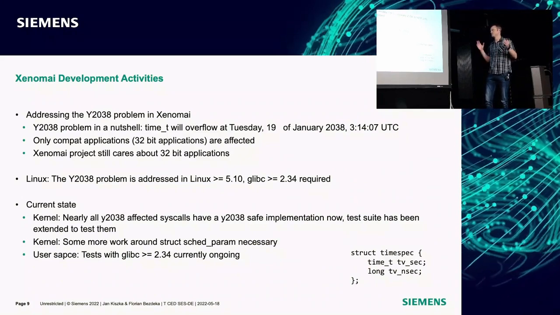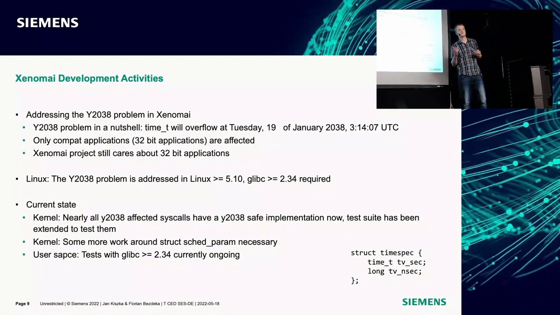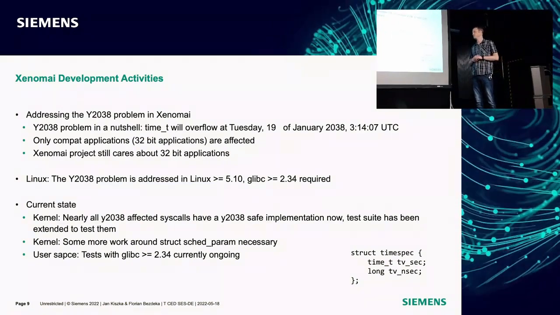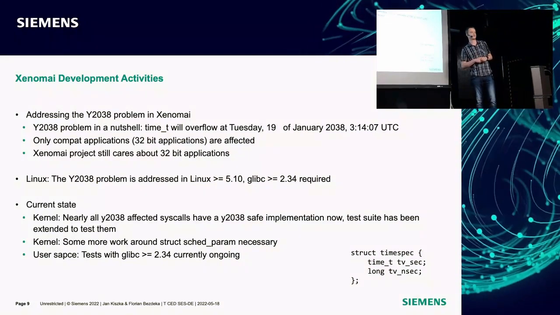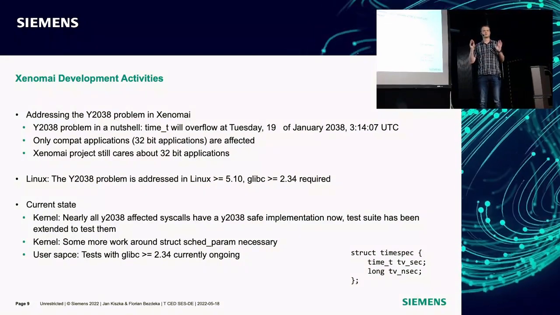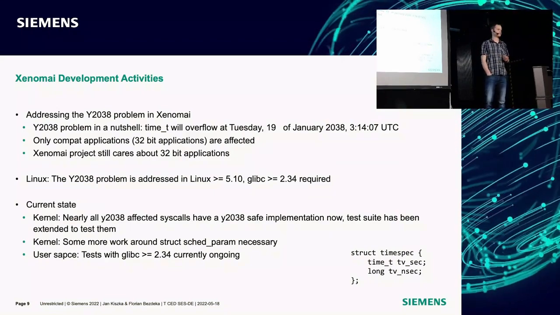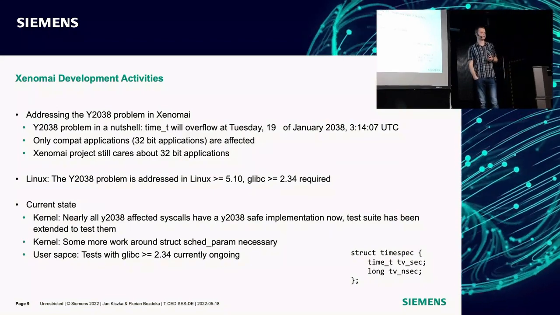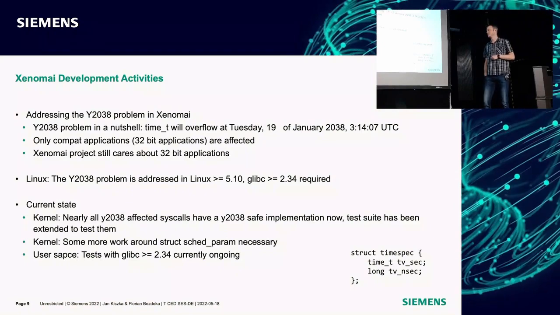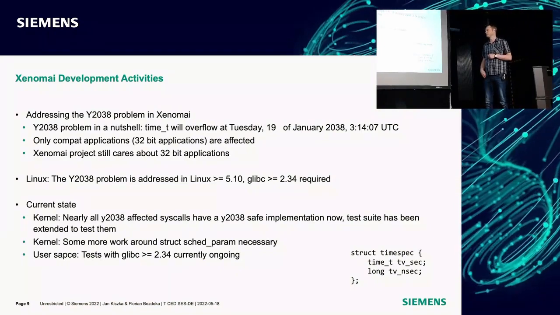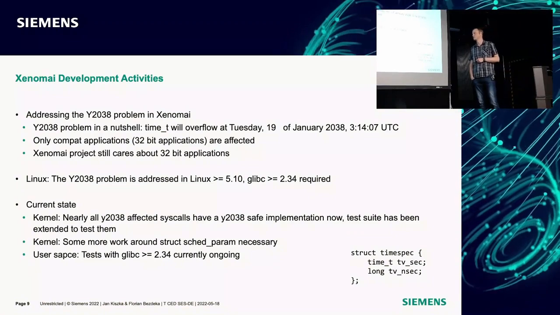The bad message is that if you're using glibc, you require quite a new version, 2.34, which is available since early this year, if I remember correctly. So this hasn't made it to distributions like Debian yet. There's still some time for waiting, because it's done, but we have to wait until it arrives.